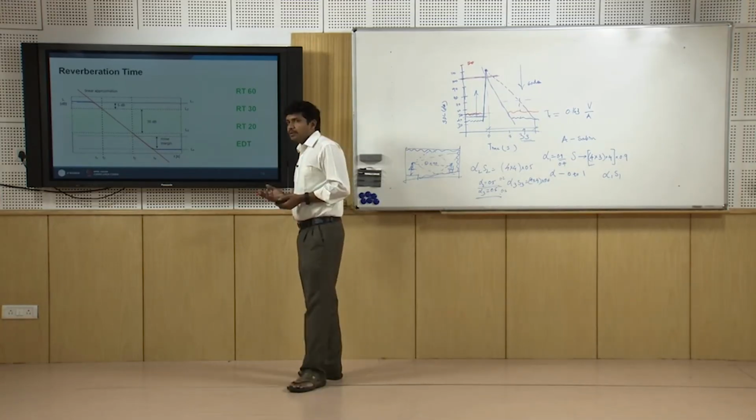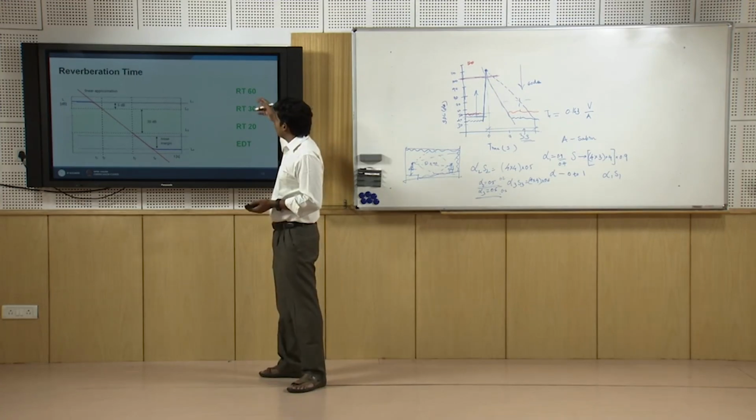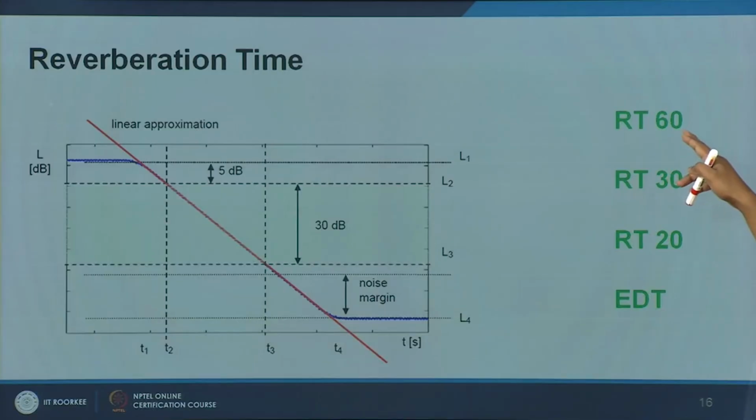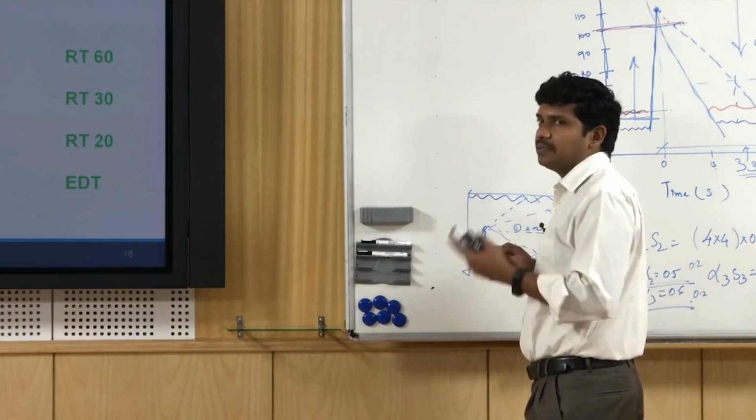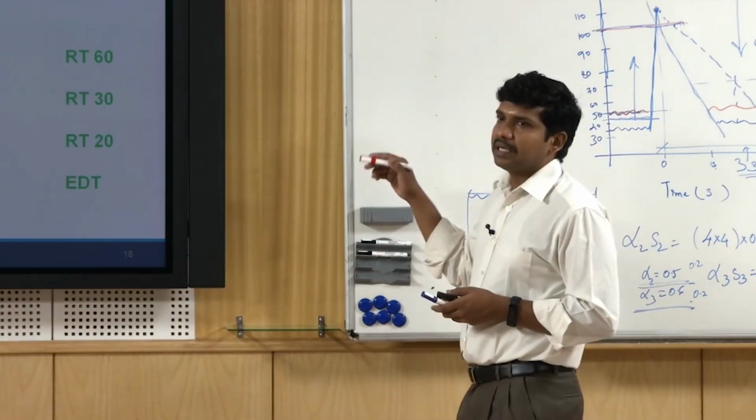So, for common use, a better indicator instead of reverberation time 60 is reverberation time 30, that is, the decay of sound by 30 decibels is taken. Most sound level meters, or almost all the spectrum analyzer sound level meters, will have RT30 as a function. You will not find reverberation time 60.